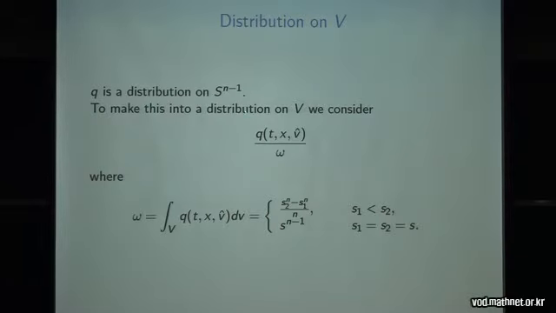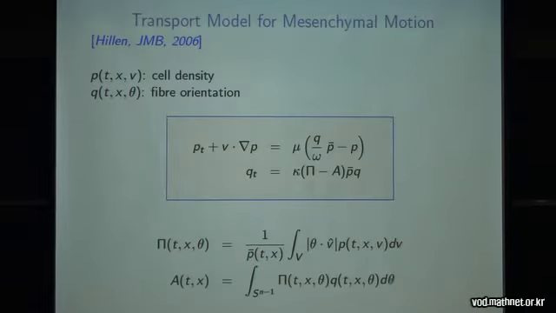And then a technical detail, I need to lift the distribution q and make it into a distribution over V. And V is the larger space. And I can do this by using a normalization constant omega. And then omega can be computed. So the formula is not important. It is only important that omega is a scaling parameter which shows up all the time.